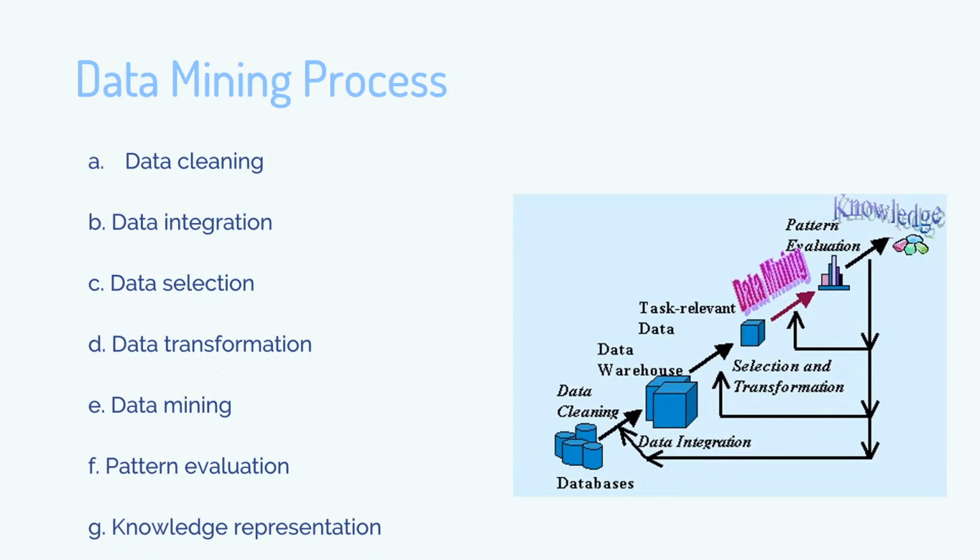Data integration, then data cleaning, then selection and transformation are all important. Only then will you get some knowledge of that data, and then you can implement that knowledge in some other way, like digital marketing or any other marketing way. So that is important.